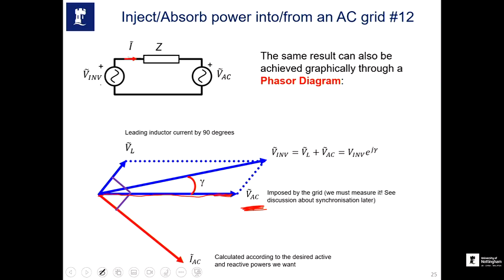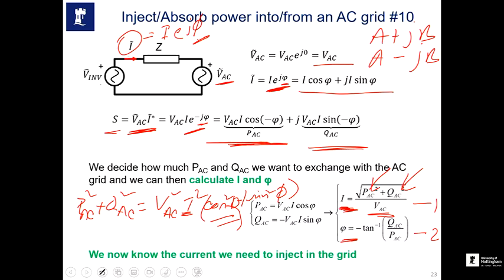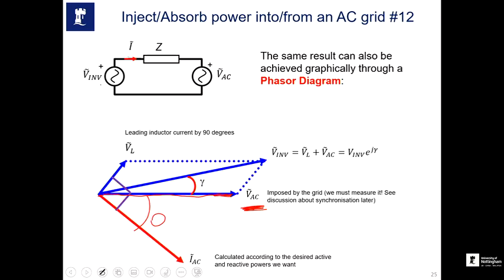And that's because we know already that IAC will have an angle. What do we call this angle? Phi. Yeah, so as you can see the current has an angle phi, and because we are assuming Z is equal to L, an inductive load in the system, the current will definitely be lagging.